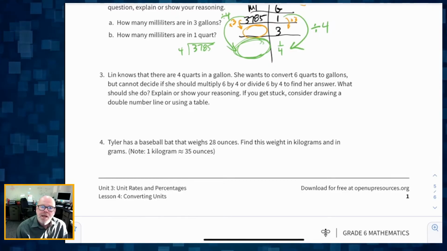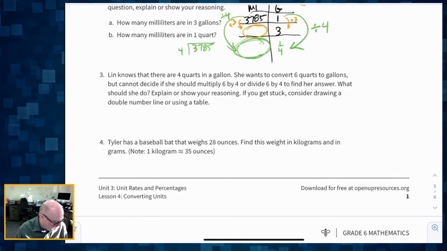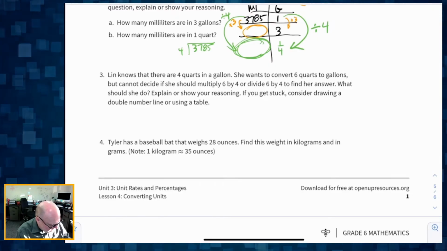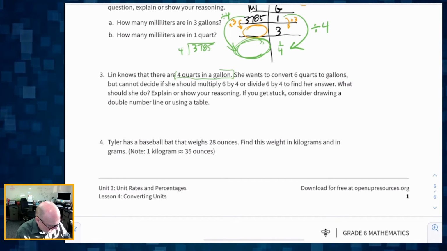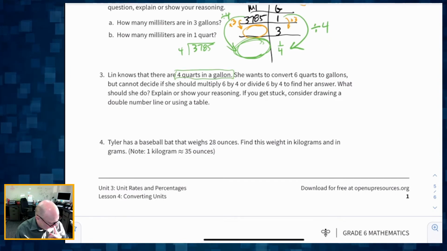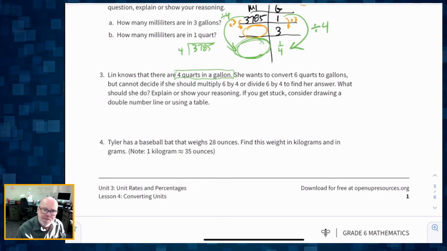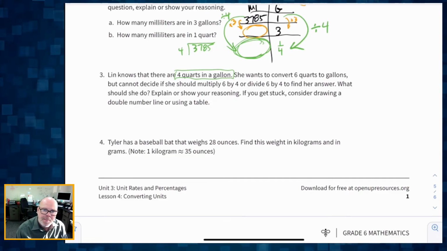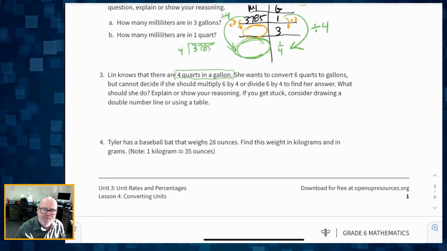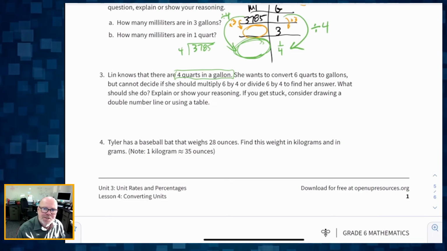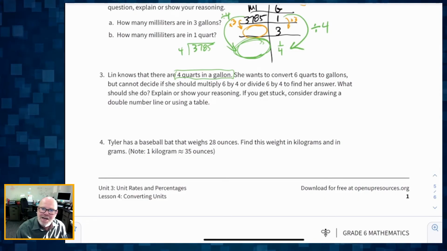So number 3, Lynn knows that there are 4 quarts in a gallon. Once again, there's our magic thing, 4 quarts in a gallon. She wants to convert 6 quarts to gallons, but cannot decide if she should multiply 6 by 4 or divide 6 by 4 to find her answer. What should she do?